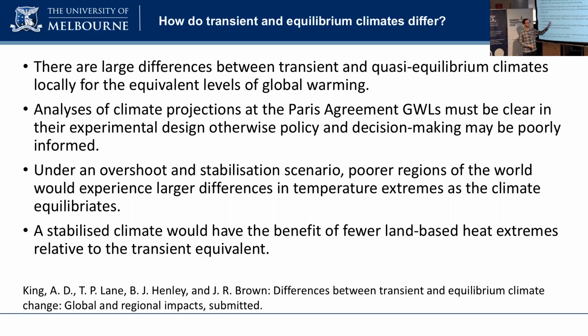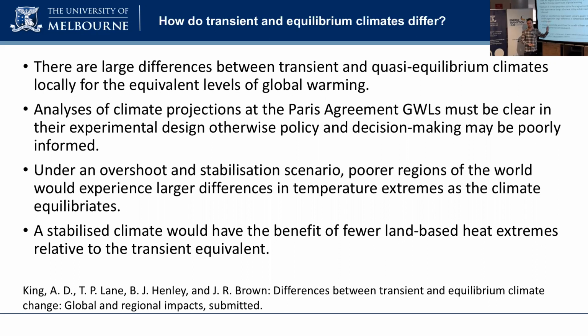Whilst most policy making looks at short time periods, it's important that we acknowledge and communicate the difference between climate projections for transient and equilibrium climates with respect to the Paris Agreement warming levels, because we'll get different amounts of local warming and different projections for extremes, especially heat extremes, if we're looking at a transient 1.5 degree world versus an equilibrium 1.5 degree world. So this has important consequences.